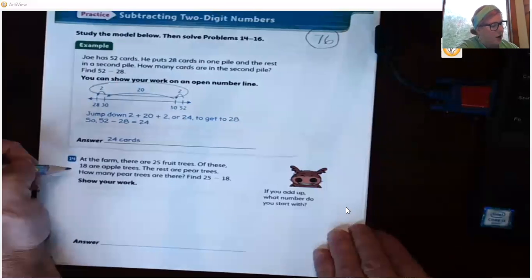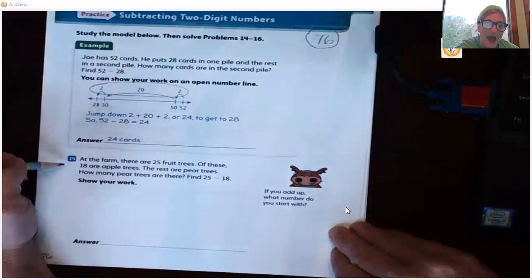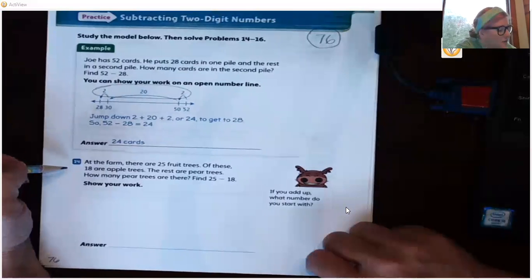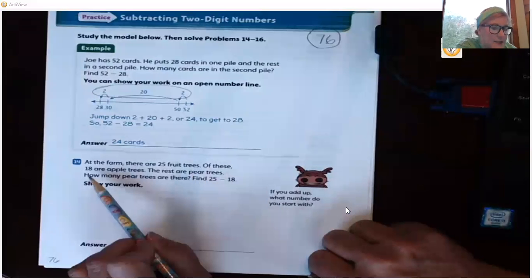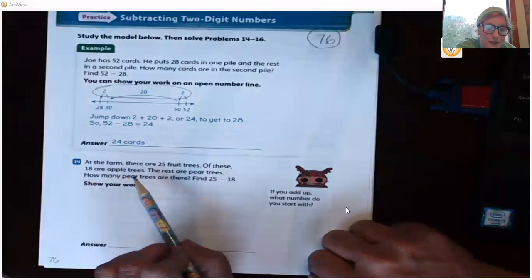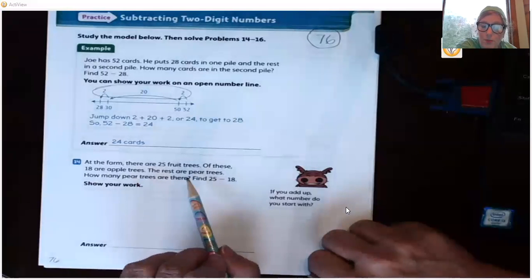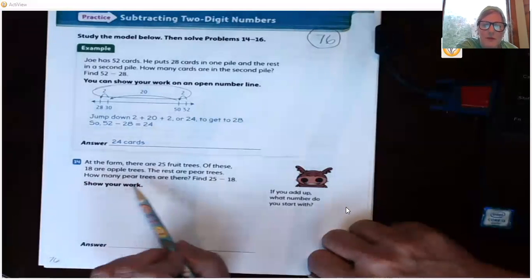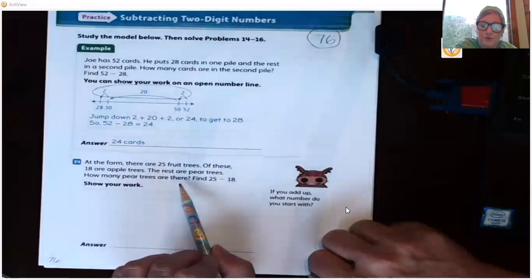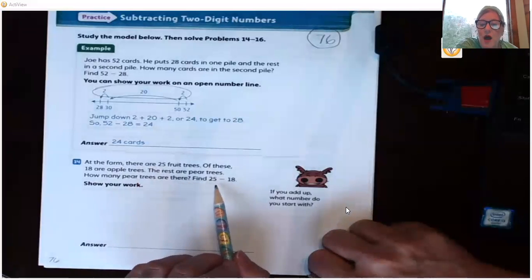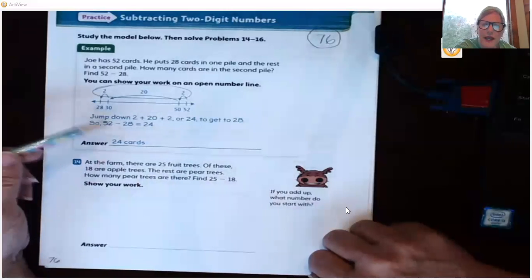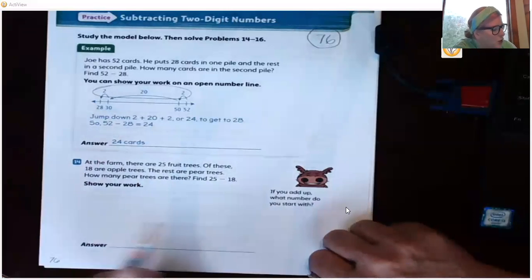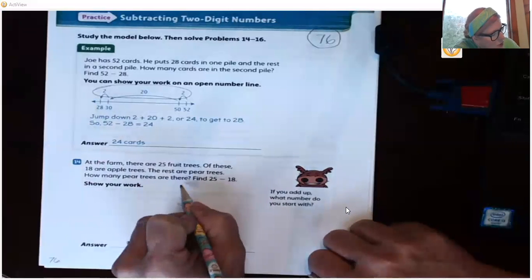So down here, number 14, at the farm, there are 25 fruit trees. Of these, 18 are apple trees. The rest are pear trees. How many pear trees are there? Find 25 minus 18. Now, when you're counting up on a number line, your equation to reflect it would be 25.